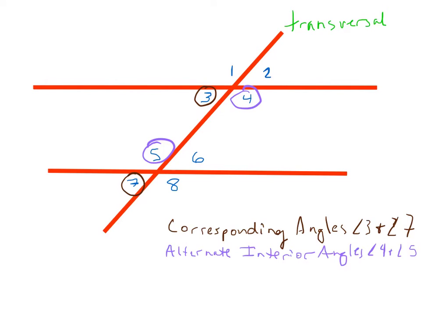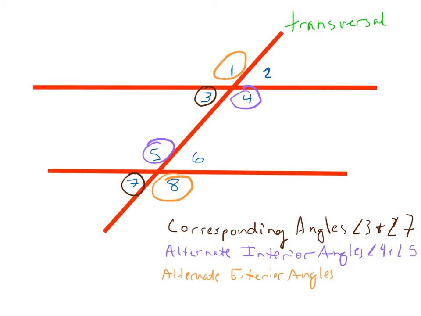And then finally we have alternate exterior angles. That would be like 1 and 8 or 2 and 7.